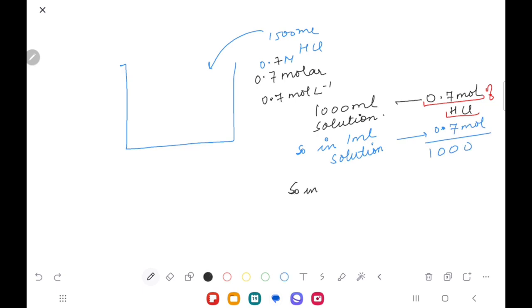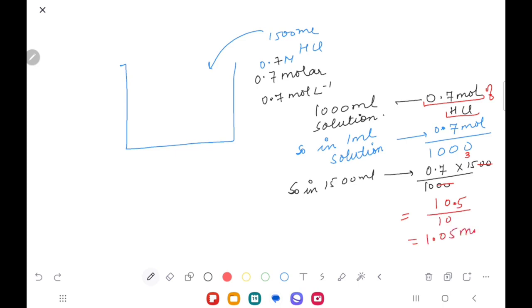And so, in 1500 ml, I will have 0.7 over 1000 into 1500. Two zeros shall cancel two zeros, and I will have 7 times 5, 35, and 10. So, I will have 10.5 over 10. So, it is going to be 1.05 moles of HCl. Do you understand my point?